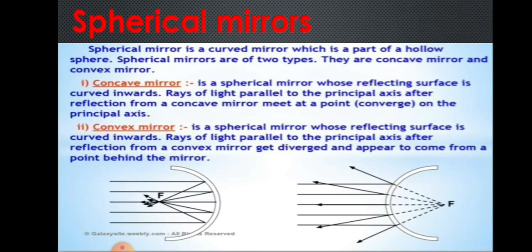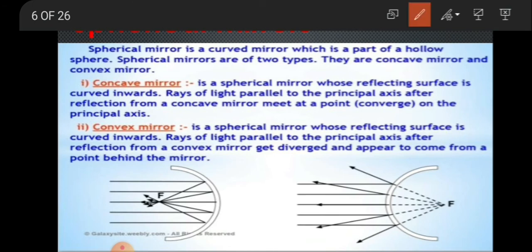Next is spherical mirrors. A spherical mirror is a curved mirror which is a part of a hollow sphere. Spherical mirrors are of two types. First is the concave mirror, and second is the convex mirror. Concave mirrors are those mirrors whose reflecting surface is toward the center of curvature.